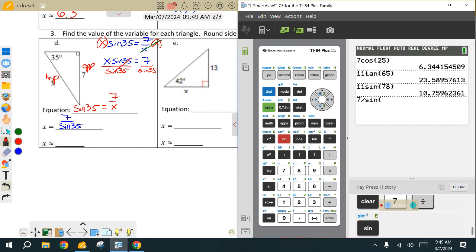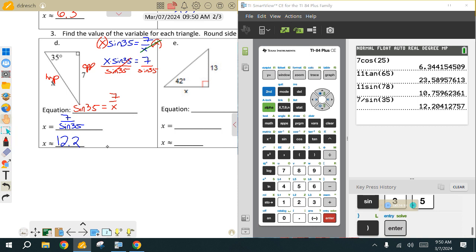Sine of 35. Okay? So 7 divided by sine of 35, nearest tenth says 12.2. Okay? The variable ends up in one of two places: the numerator or denominator, it's getting multiplication or division.